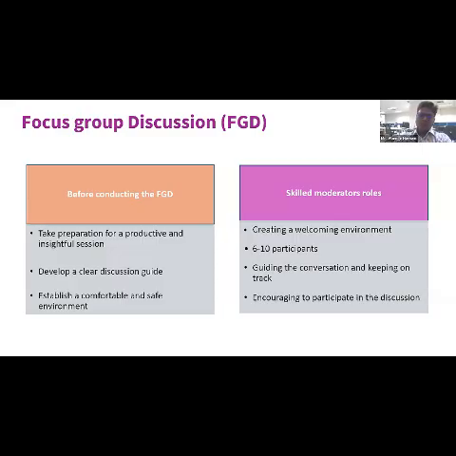And the skilled moderator's role is creating a welcoming environment, and 6 to 10 participants can.